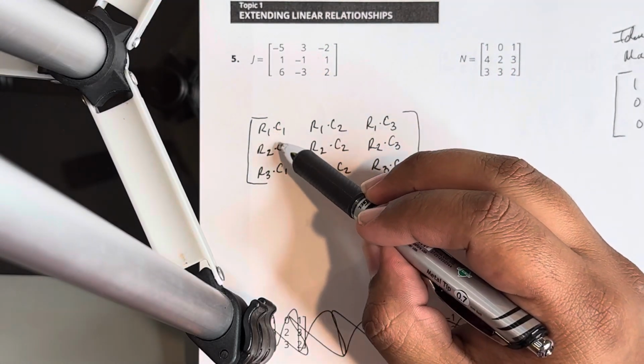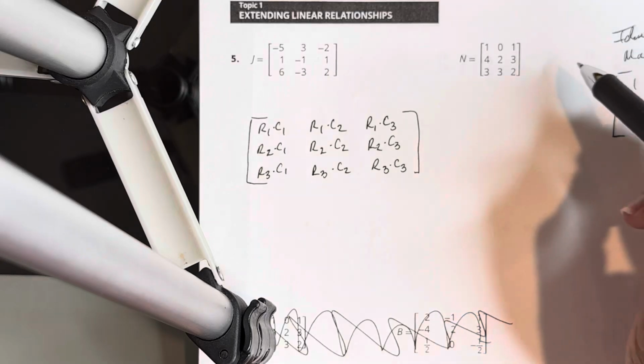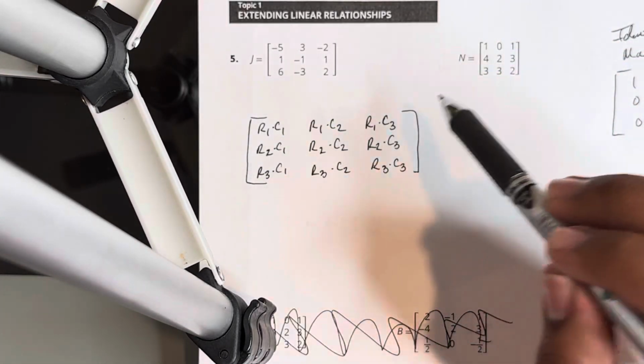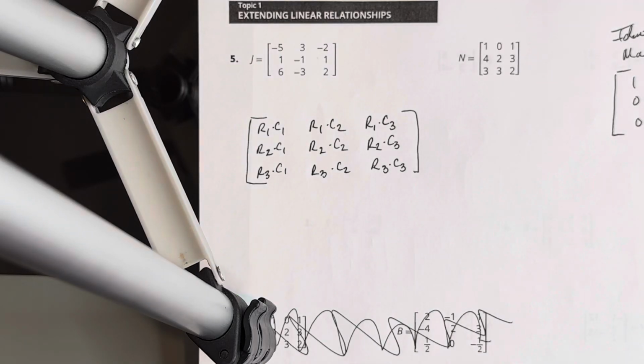So remember, these are all a value. You're going to do a lot of multiplication and addition. This is just an outline for you to make sure you're going one piece by one piece.